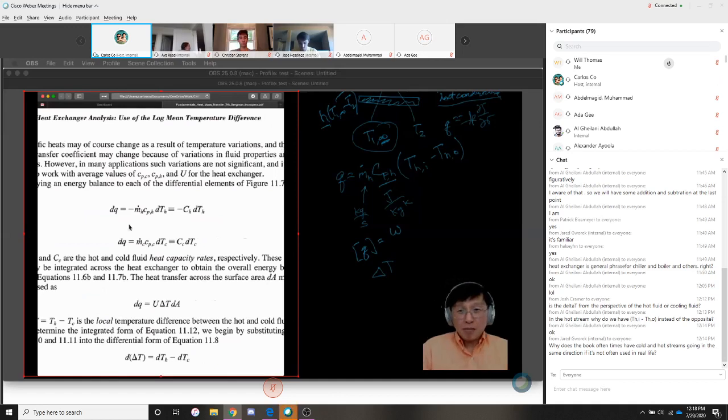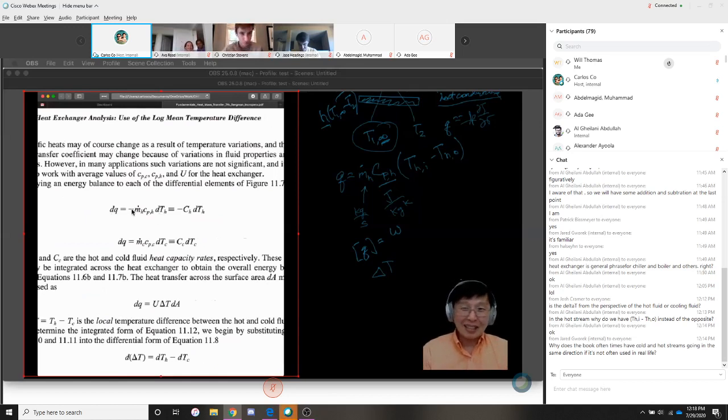So this expression here, nothing surprising with that. What does this say? This says that the small amount of heat that is being transferred is because the hot stream changed by a small amount in its temperature.